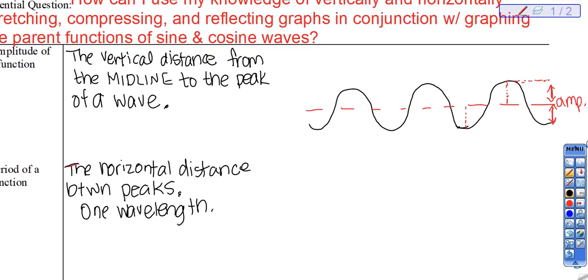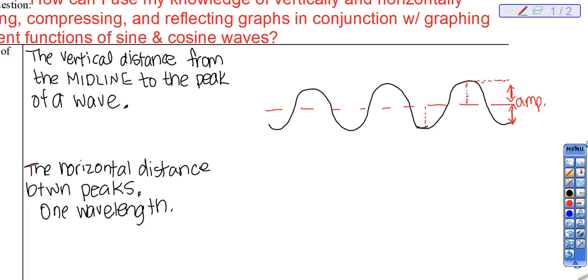So if we go back over here to our picture, here's a peak, here's a peak. This measure right here is a period because the wave goes down and back up, and then it goes down and back up.